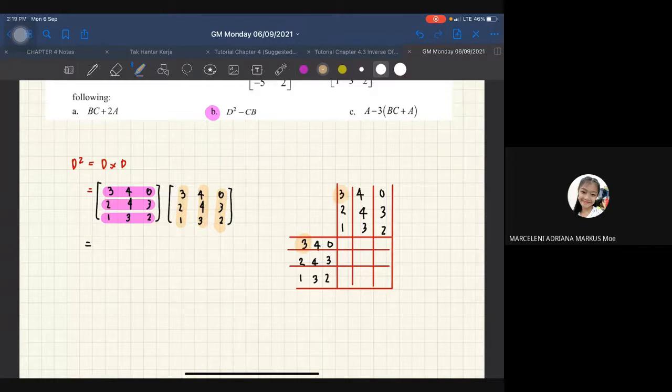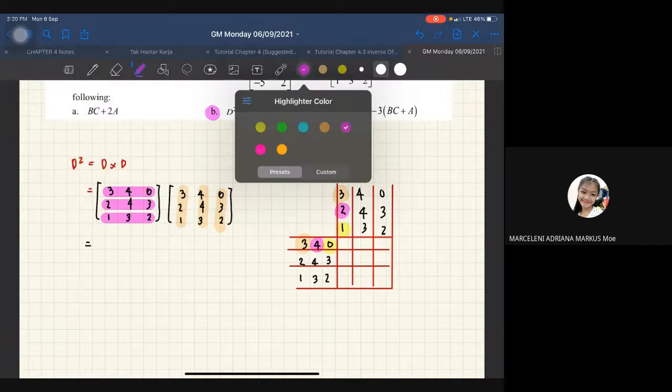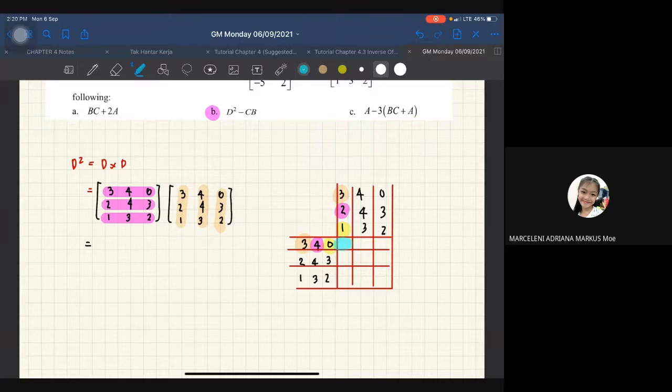Awak akan darabkan and then awak akan tambahkan. Okay, so maksudnya awak akan darabkan 3 darab 3 and then tambah 2 darab 4 and then tambah 0 darab 1. And then jawapan itu awak akan masukkan dia ke dalam this empty square kat situ.